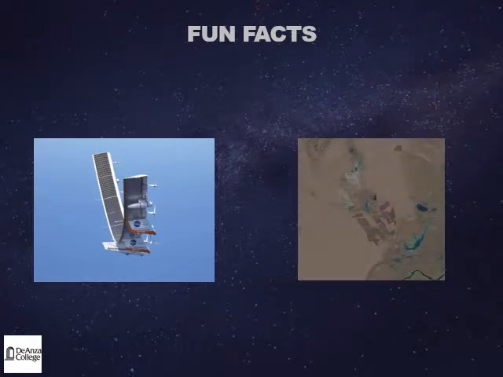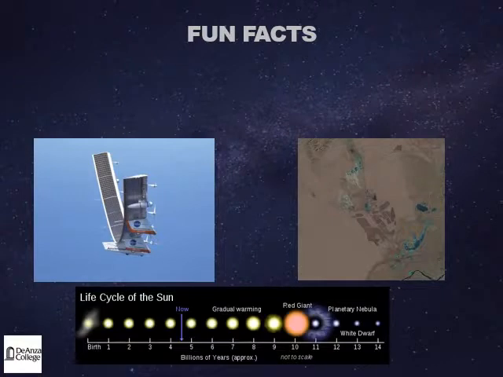And the picture on the right is actually the largest PV plant in the world, which is the Tengger Desert Solar Park in China, and it covers 1,200 kilometers and its output is 1,547 megawatts of power. And the last picture shows us the life cycle of the sun.